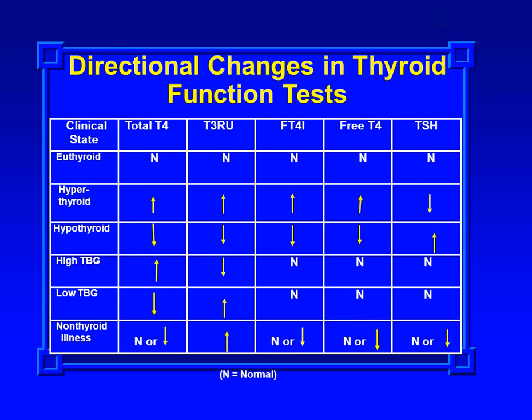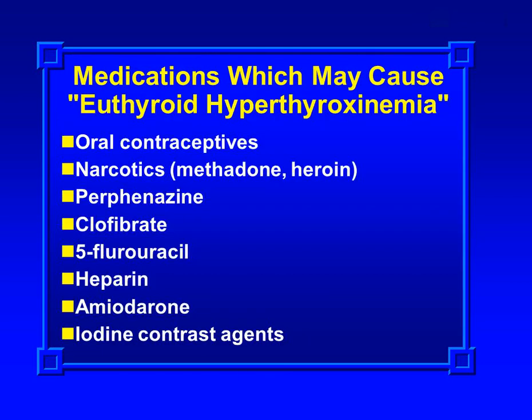Non-thyroid illness, normal. N equals normal. Medications which may cause euthyroid hyperthyroxinemia: oral contraceptives, narcotics, methadone, heroin, perphenazine, clofibrate, 5-fluorouracil, heparin, amiodarone, iodine contrast agents.